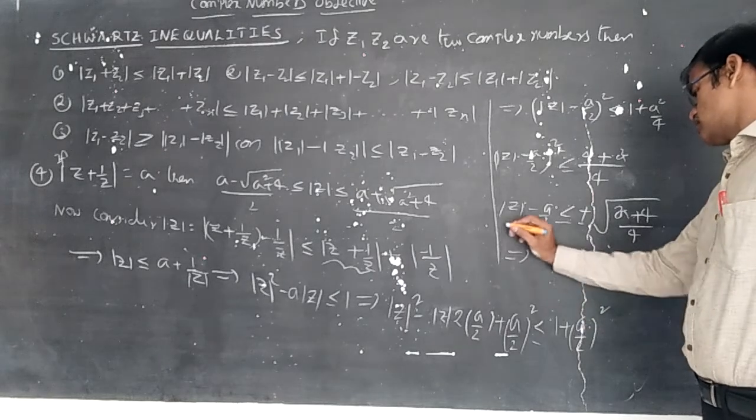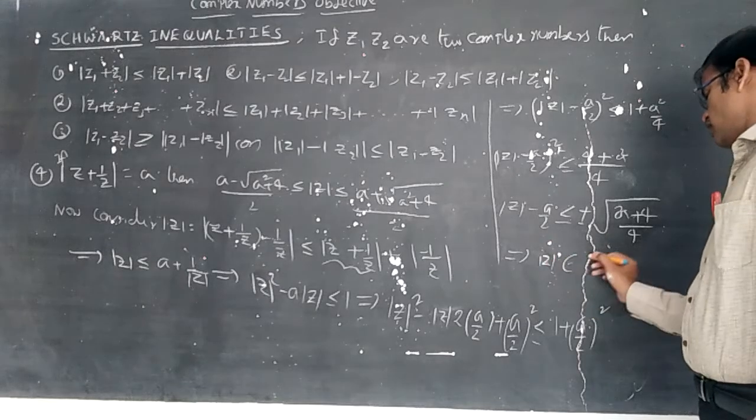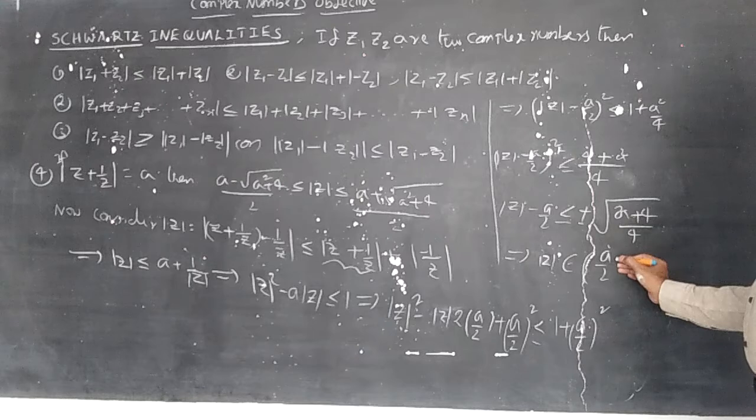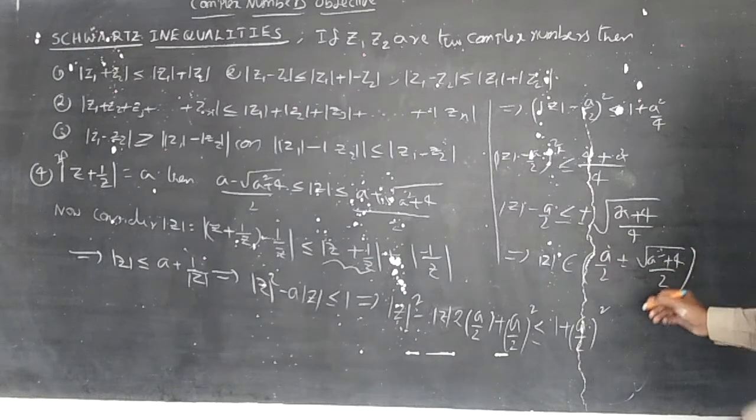Modulus Z belonging to, write like this, A by 2 plus or minus root of A square plus 4 by 4, it is 2.